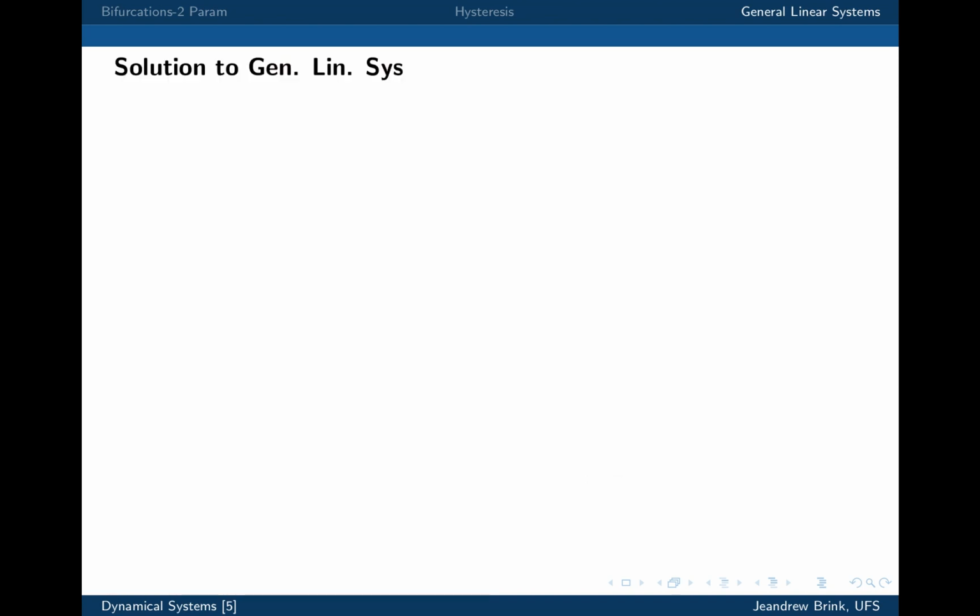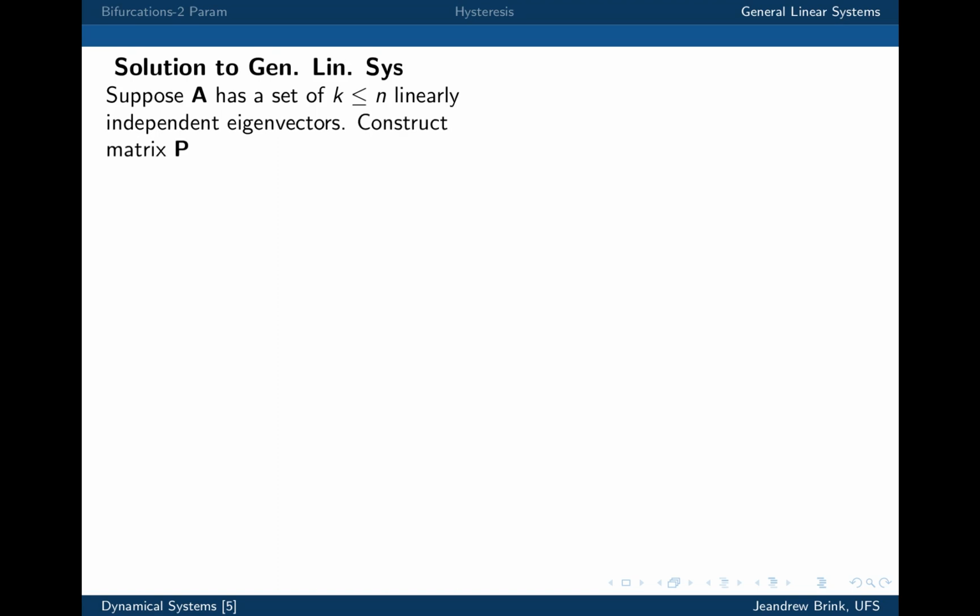Now I'm going to give you the general means of finding the solution. The first thing you do is, let's suppose A has a set of k linear independent eigenvectors. So I've still got the general case. I'm assuming k can either be n or less than n, and that's always possible.